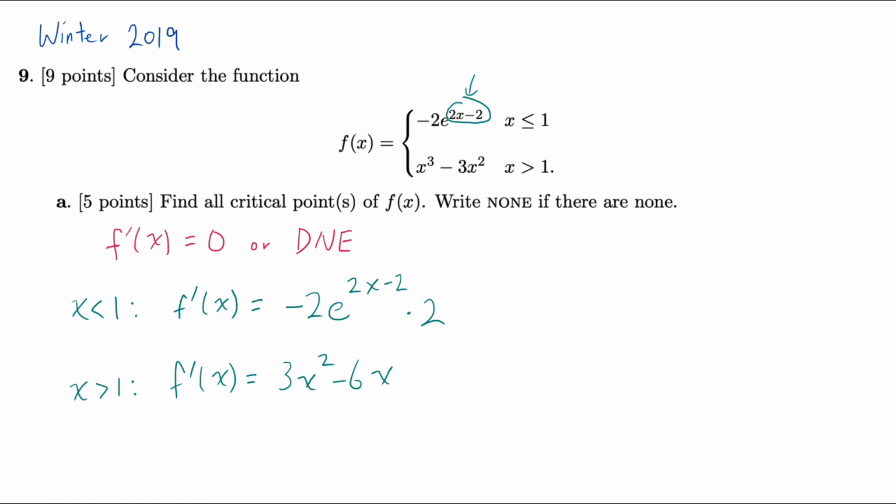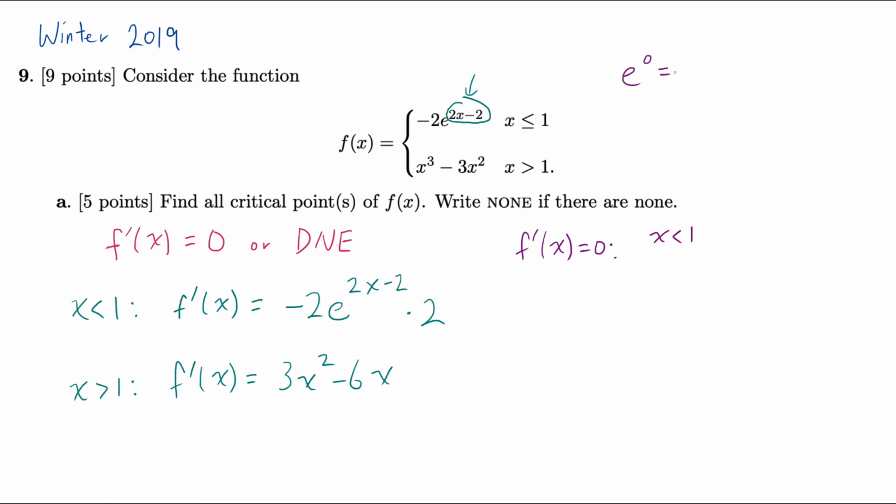So let's go through the two cases. We first want to check where f prime of x is 0. Well, let's go through one by one. When x is less than 1, we're looking at when negative 4 e to the 2x minus 2 is 0. But if you know the exponential function, e raised to anything is positive, because surely e raised to some positive number is positive.